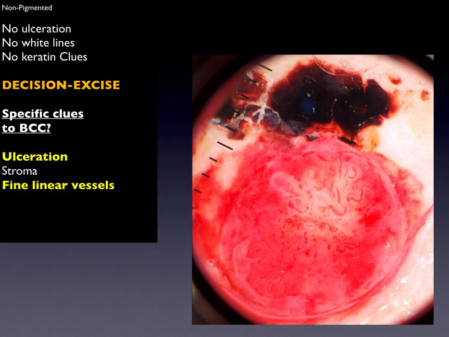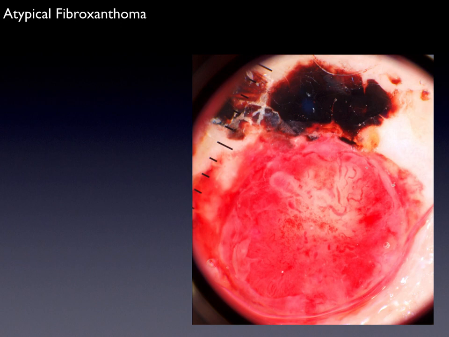In this case, it's ulcerated, it has fine linear vessels, and these would both point towards basal cell carcinoma. We excise the lesion, and the diagnosis comes back as an atypical fibroxanthoma. Again, it did not matter that we predicted the wrong specific diagnosis, because the decision algorithm led us to the decision to excise the lesion.